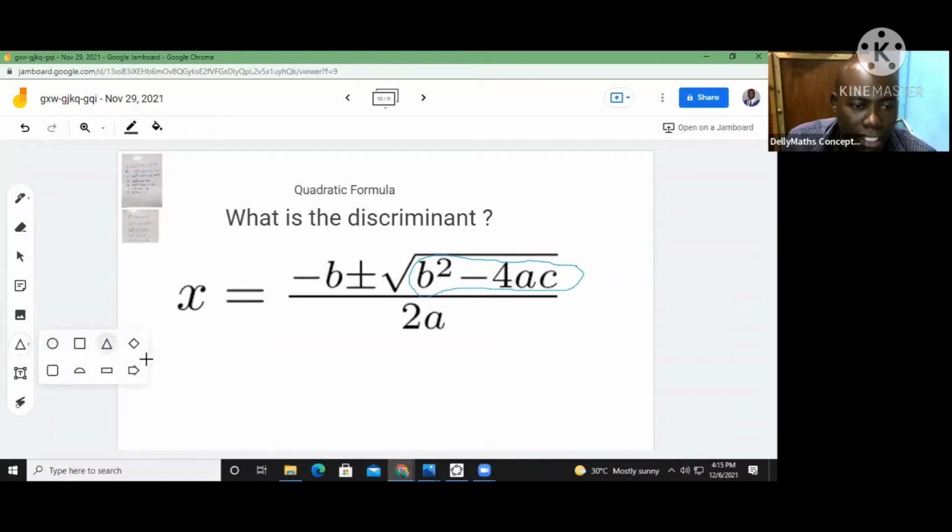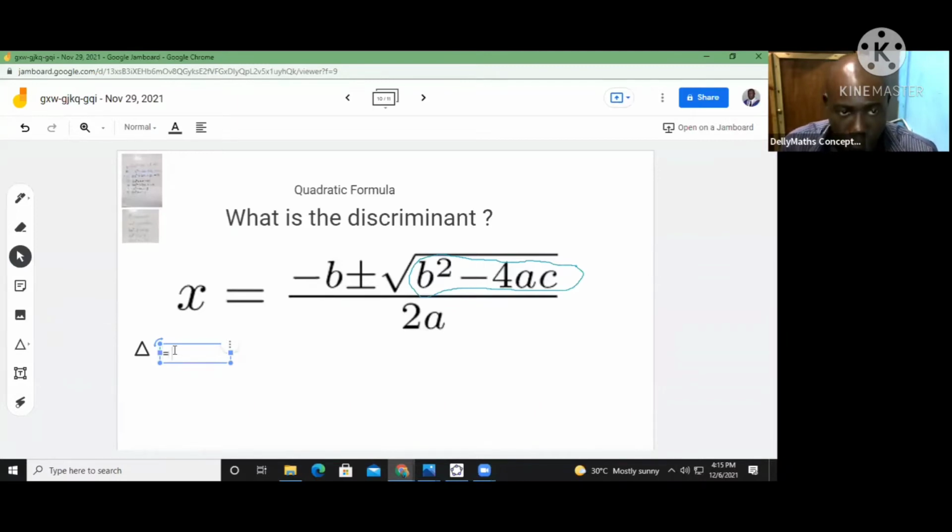So I'm going to put a little triangle looking thing here. I'm saying, let's call the discriminant this. So this is equal to the discriminant, and I'm calling that little symbol delta. I'm just giving it a label.